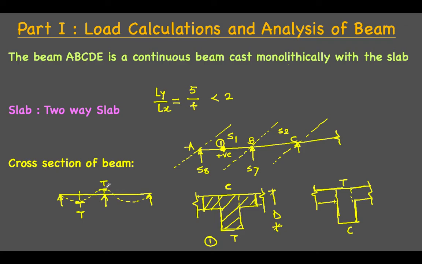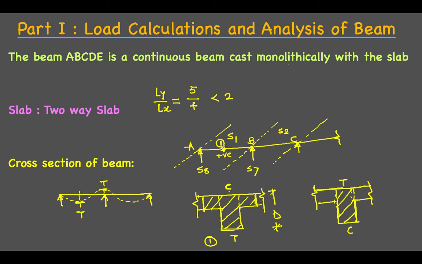Since there is a hogging deflection, it means whatever portion of the slab is in compression, we cannot utilize that portion of the slab as a part of the beam, and that is why over support we have to design this beam as a rectangular section.